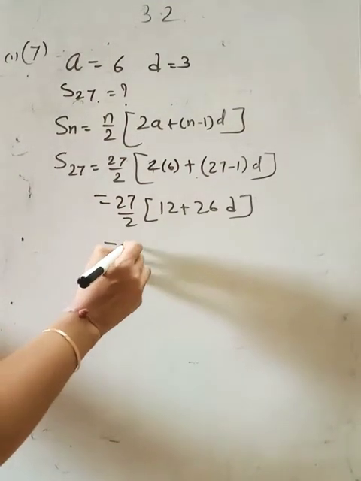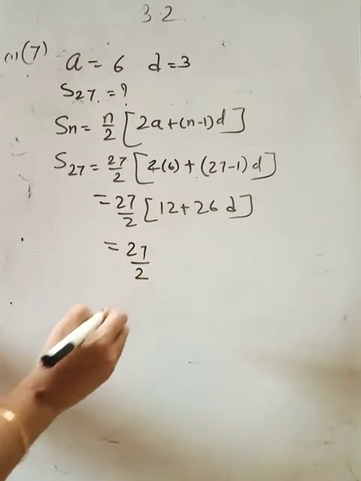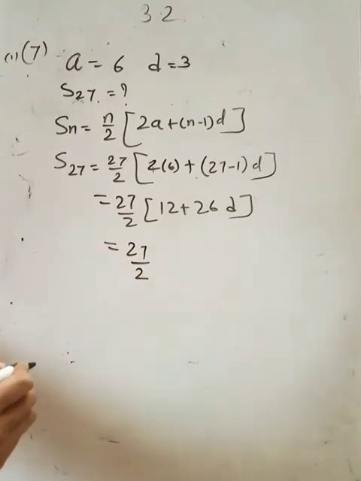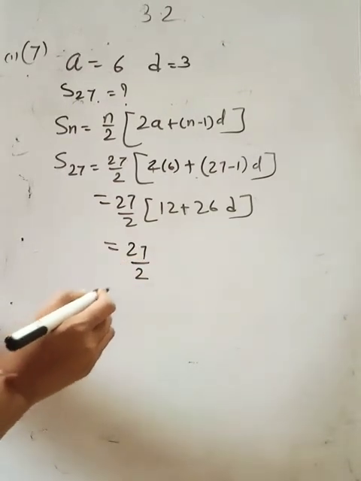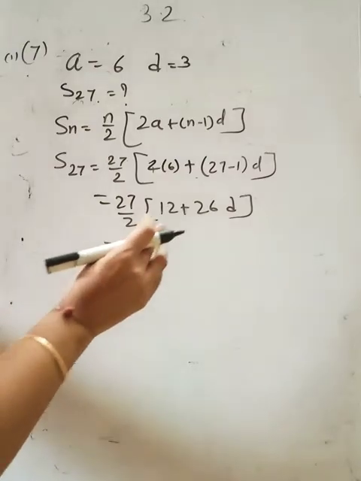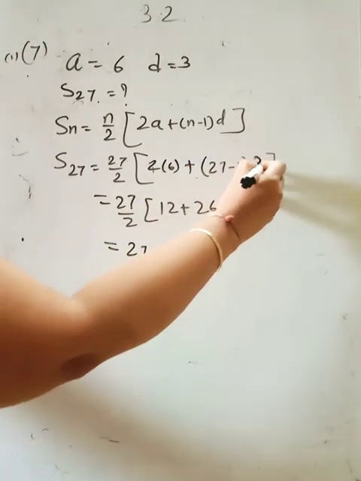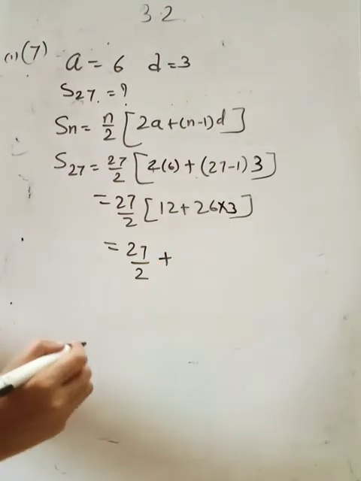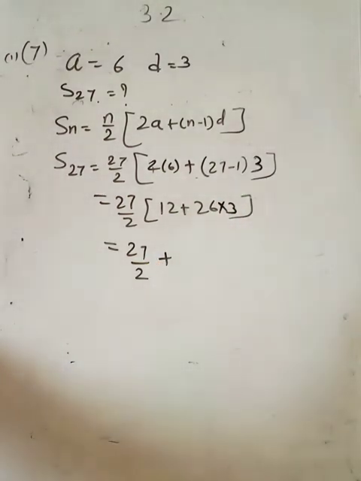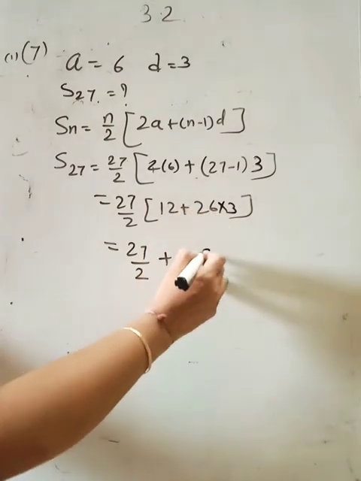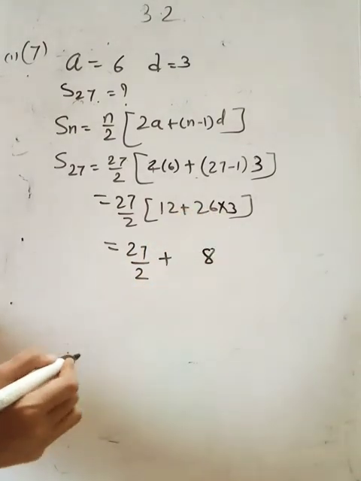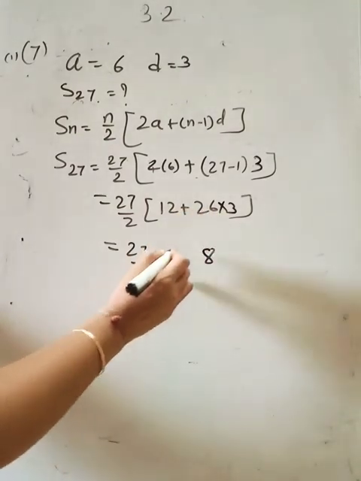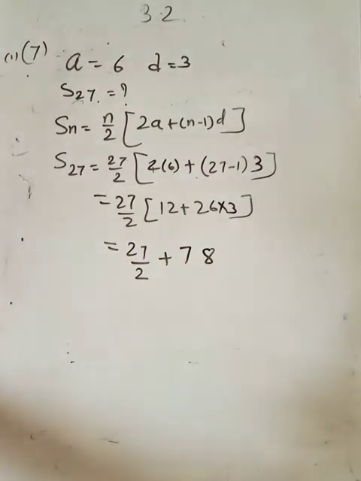So you have 27 upon 2, and the common difference 3 is given, so write down into 3. So plus 26 into 3, just do it: 6 threes are 18, carry 1, 3 twos are 6 plus 1, 7. Correct?